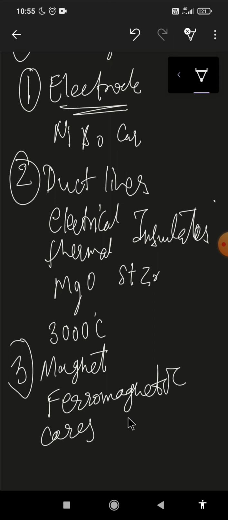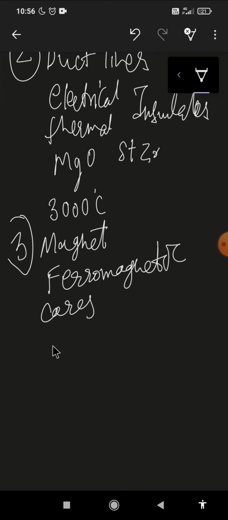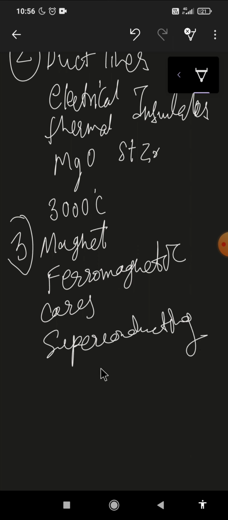Ferromagnetic cores can be provided, and superconducting magnets can also be provided, with the use of very little current. So these are the components where the materials are used.